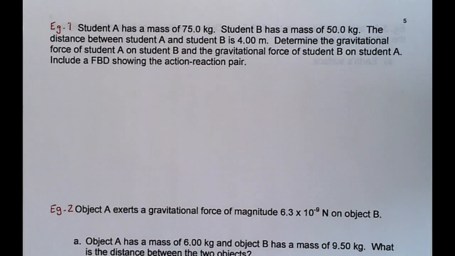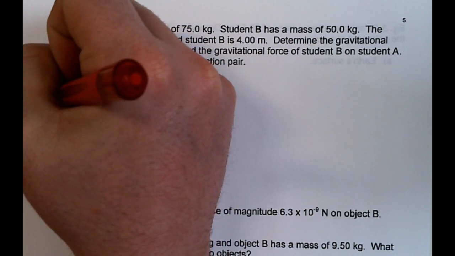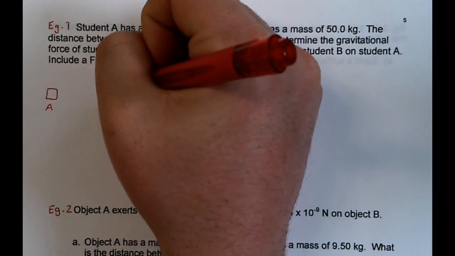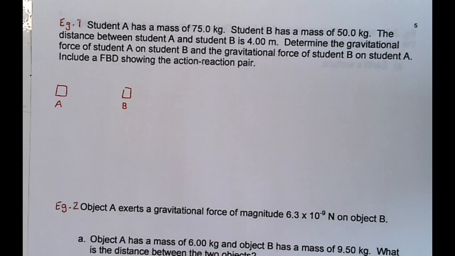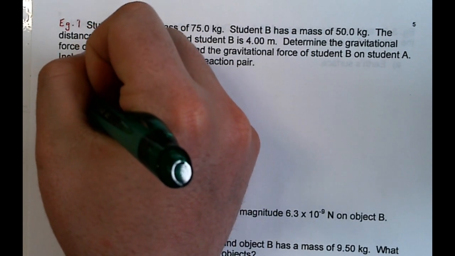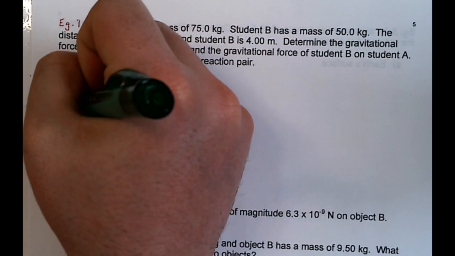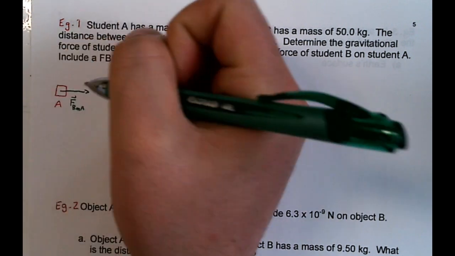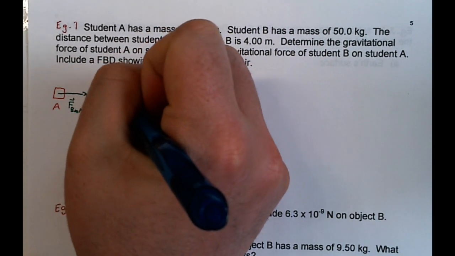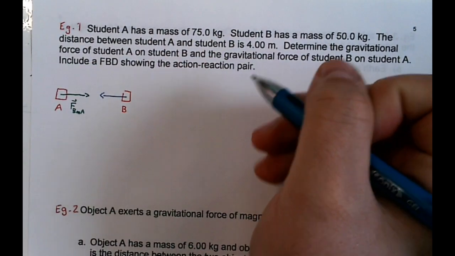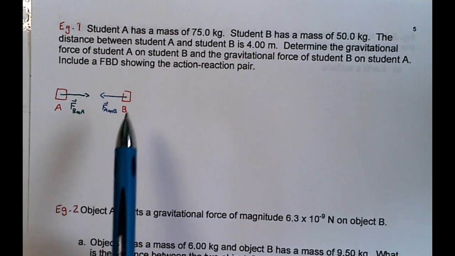So if we draw this free body diagram, we have student A over there, and we can have student B over there. Now we know that student B is going to have a gravitational force pulling on student A. So this is the force of B on A. Similarly, we're going to have student A pulling on student B. So that's going to be the force of A on B. That's their gravitational force.